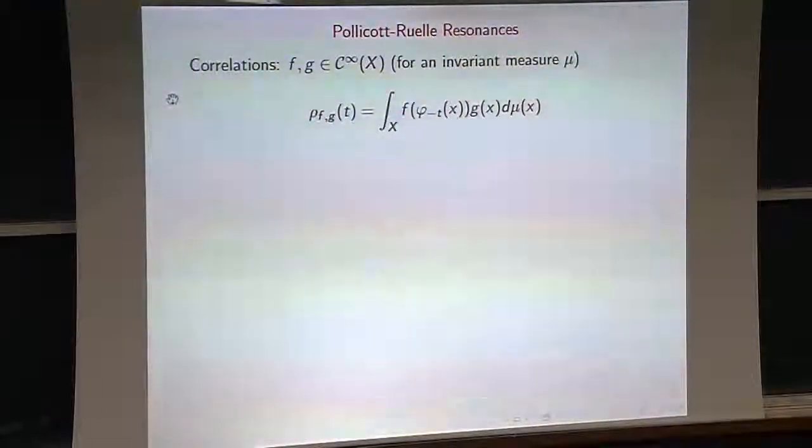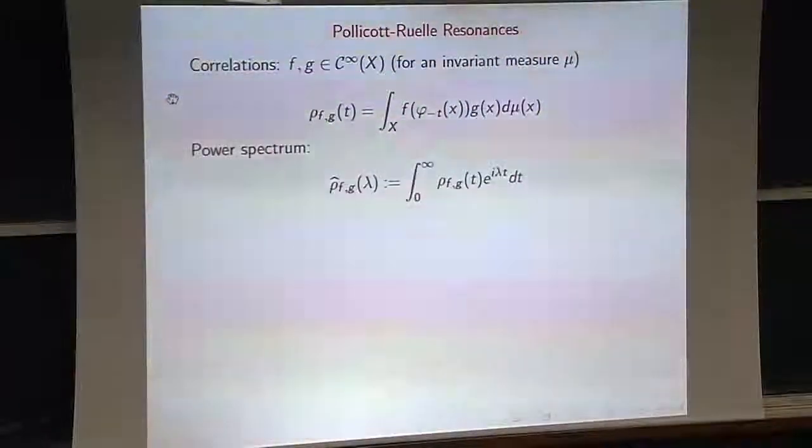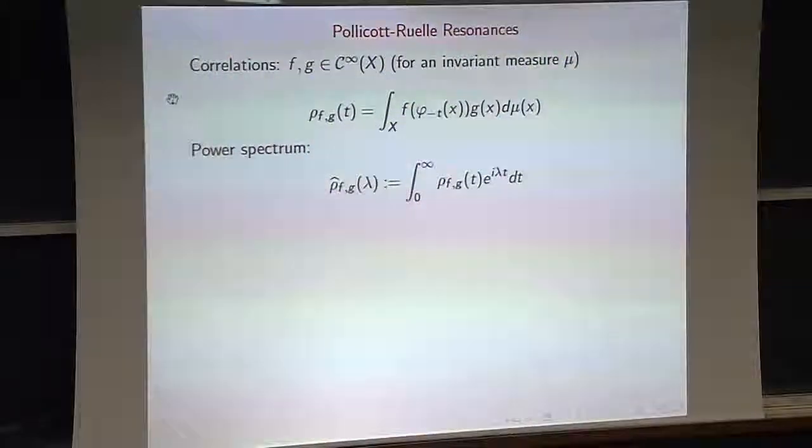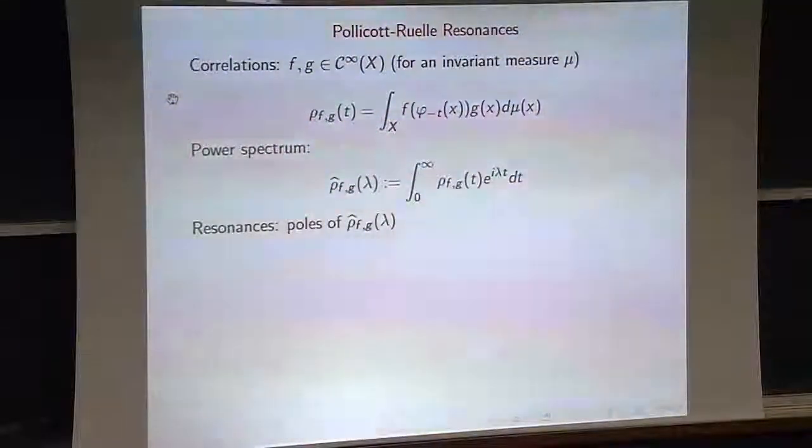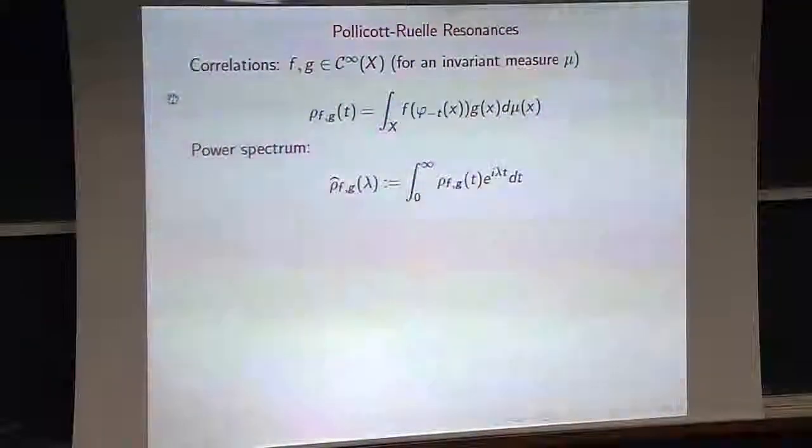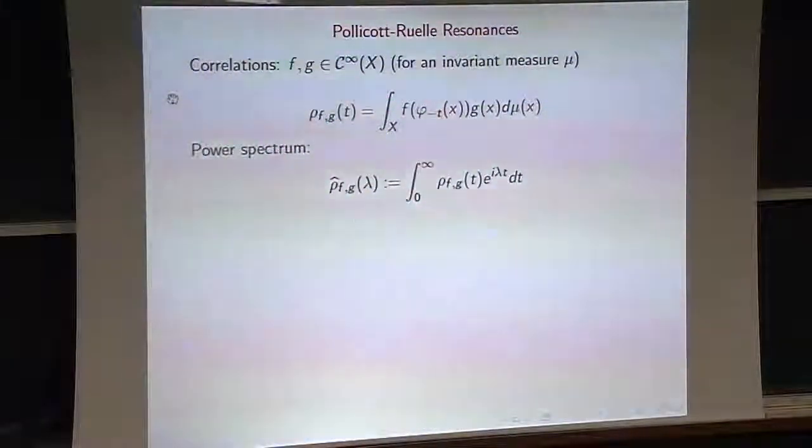So correlations are a natural object to study, going back to, I don't know, Gibbs 150 years ago. Now, a power spectrum, in physical vocabulary, is just a Fourier transform of correlations, and it makes sense for the imaginary part of lambda sufficiently large, because this will always make sense.